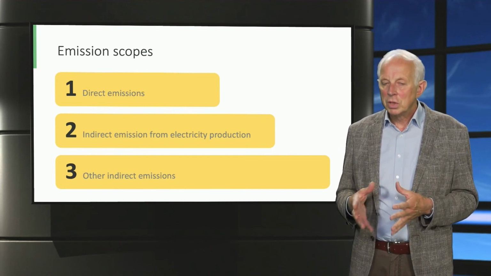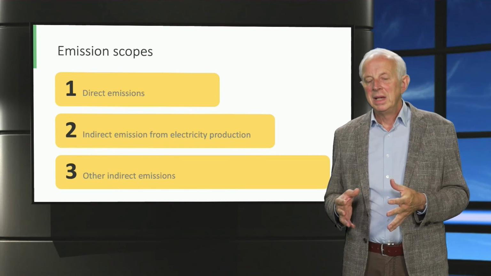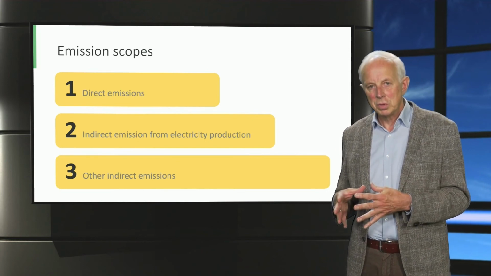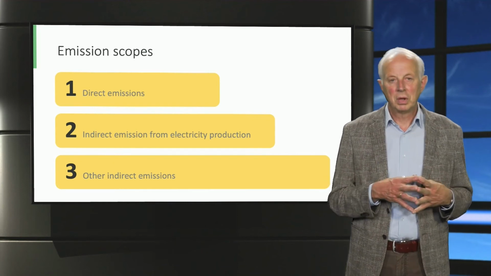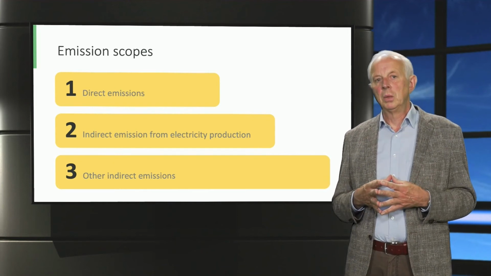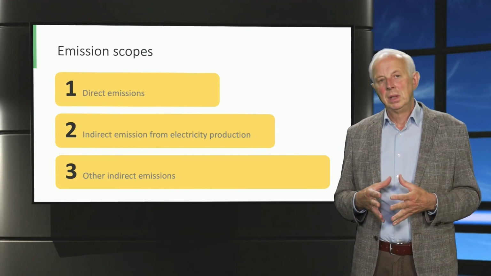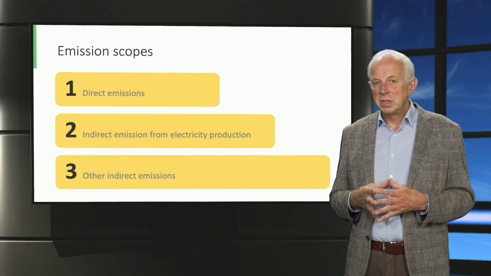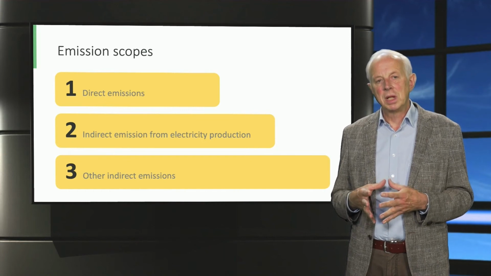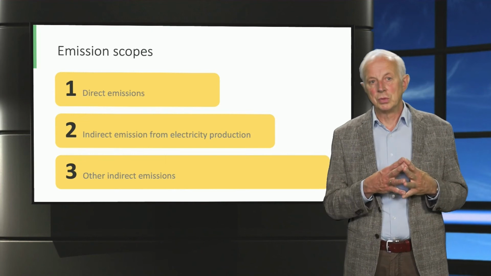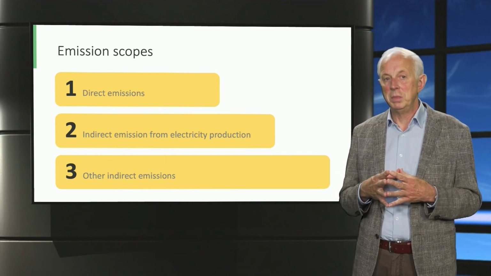What is also clear from this example is that certain emissions will be classified under a certain scope for one person, but in a separate scope for another person, depending on their position in the energy system. For instance, if a power company generates electricity with coal, the emissions are scope 1 emissions for them. But for you as an energy consumer, they will be scope 2 emissions.